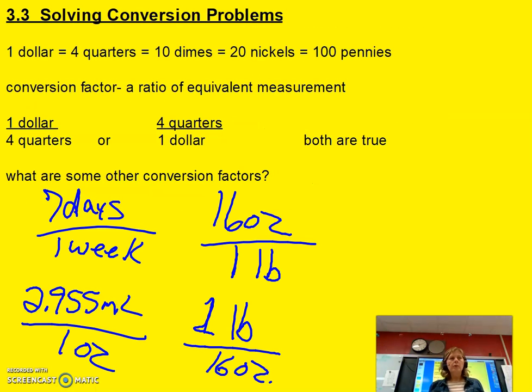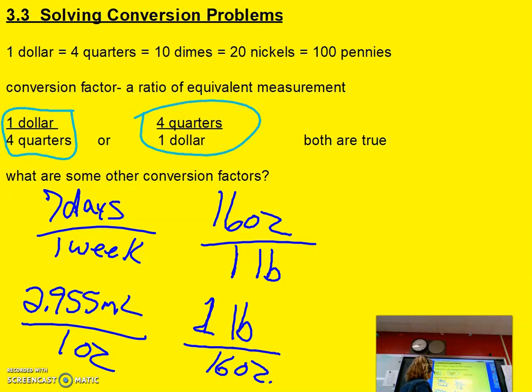So when we talk about the process of dimensional analysis, we're talking about problems that use conversion factors. So conversion factors like there are 4 quarters in $1. There are 10 dimes in $1. There are 20 nickels in $1. There are 100 pennies in $1. These are all equalities. And in fact, I can write them as fractions. $1 is 4 quarters, or also there's 4 quarters in $1.